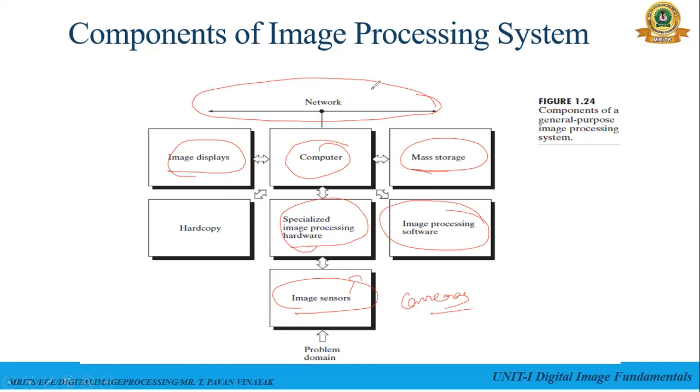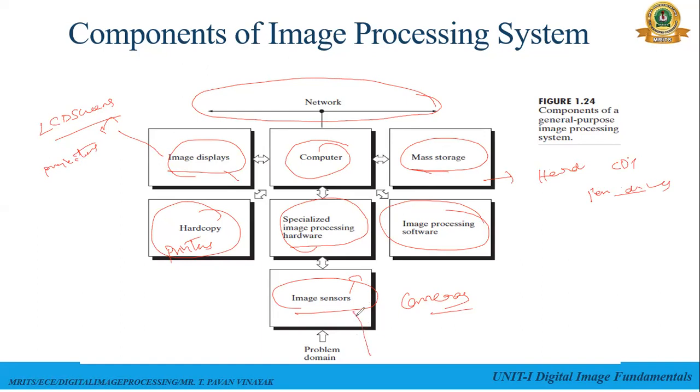If you want hard copies, we require printers. Mass storage means hard disks, CDs, pen drives. Image displays means LCD screens, projectors, all belong to image displays. These are the components required to perform image processing.